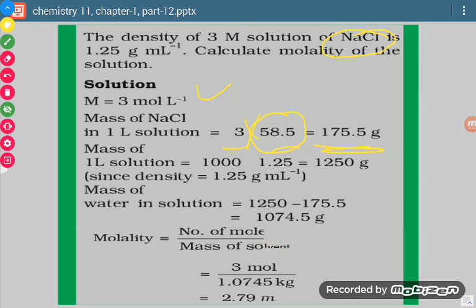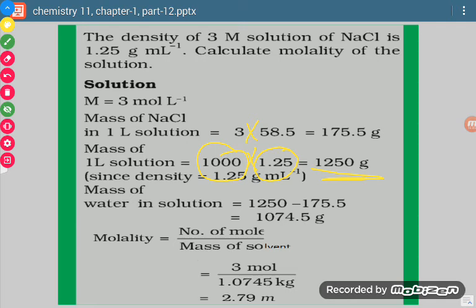Now when we are taking 1 liter of solution and we know the density, then density is mass over volume. So what is the mass of solution? That mass will be equal to volume multiplied by density. So we have to multiply here also and here also. Then this will be the mass of total solution.